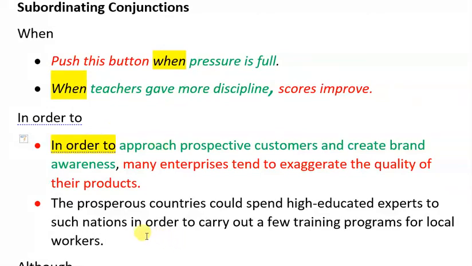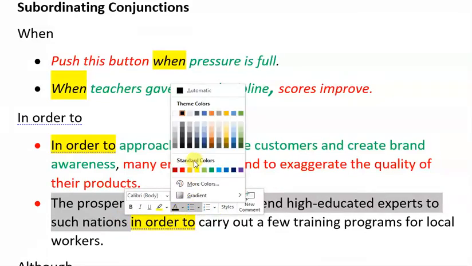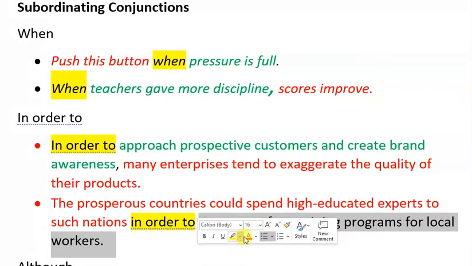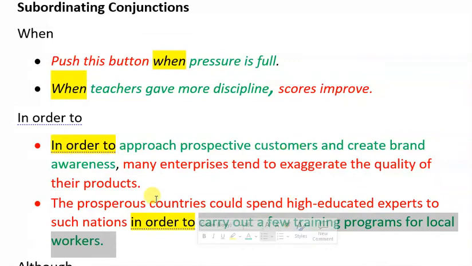Okay, now the conjunction is in order to. Here the same rule applies: there is no comma before or after in order to, and here the independent clause came first. This is the independent clause and this one is the dependent clause.